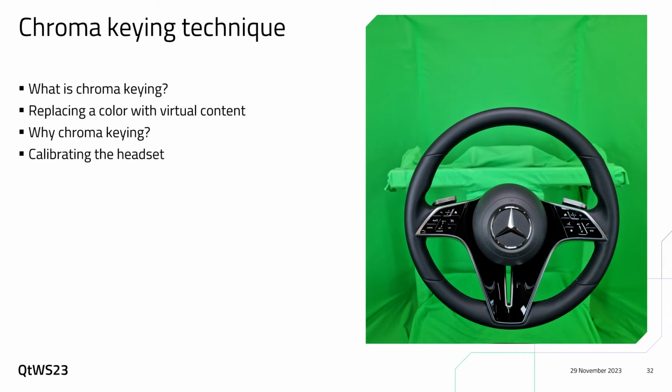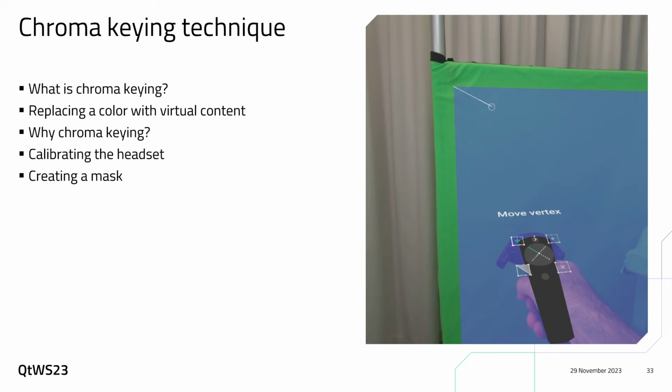For our project purposes, we needed to focus on certain topics. Firstly, the headset needs to be calibrated with the proper accuracy, and its tracking point needs to be adjusted and well placed within the 3D virtual environment to match those two realms together. Next, we needed to create a 3D restricted mask covering the green area.